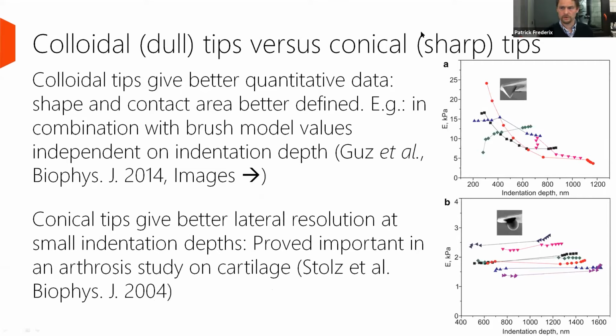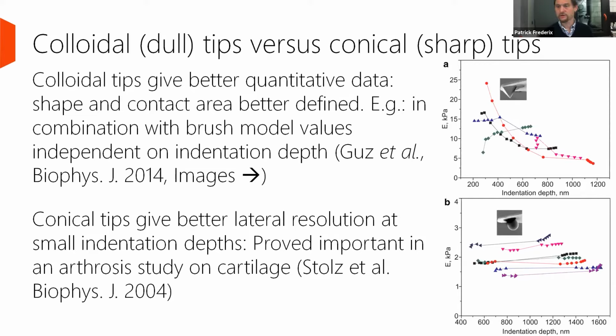Another important part of the cantilever is the tip, and all standard tips for imaging are conical. You want to have a sharp tip to get the highest possible resolution. But particularly for force spectroscopy, colloidal probes are also very popular. And why is that? In general, colloidal probes give you better quantitative data.